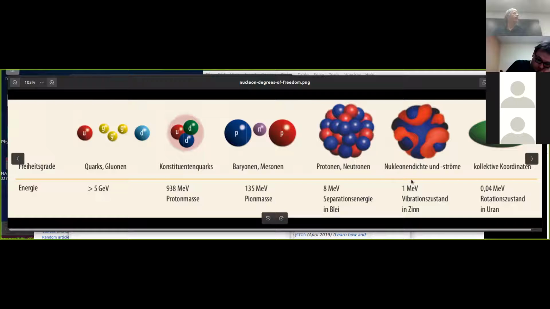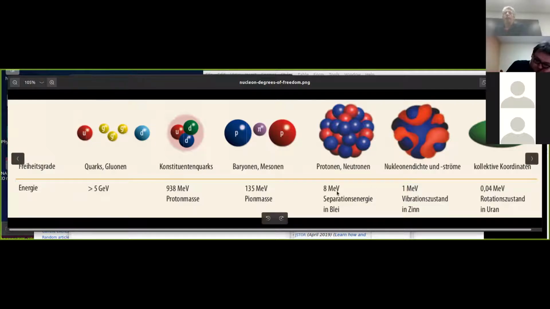Then maybe at something like 1 MeV, a much larger energy, right? A mega electron volt, I may see currents and densities of nucleons inside the nucleus, right? And so that's maybe a vibrational state inside some nucleus or something like that.